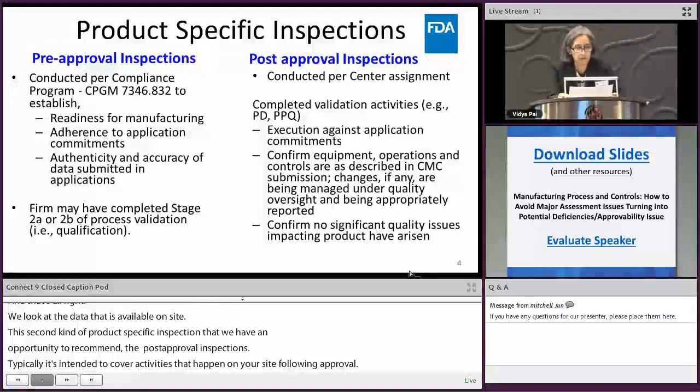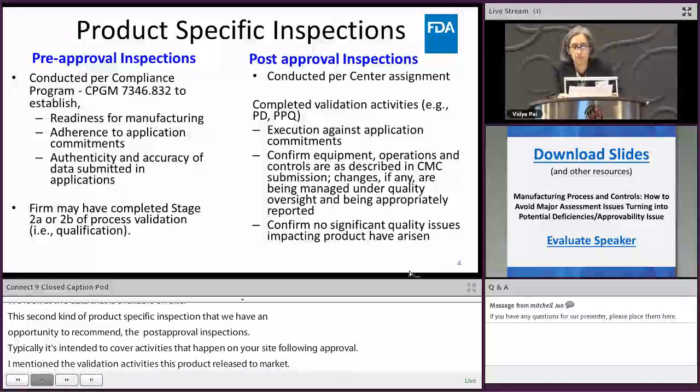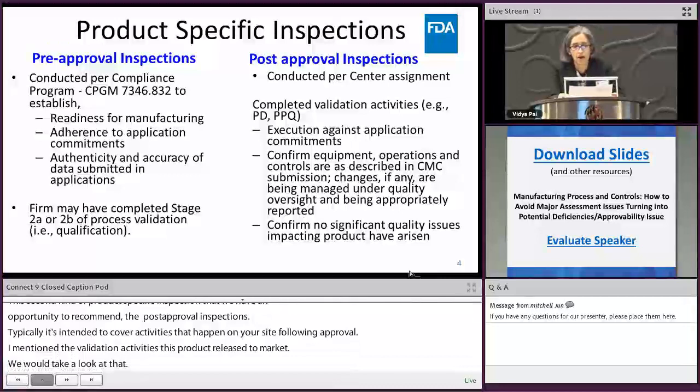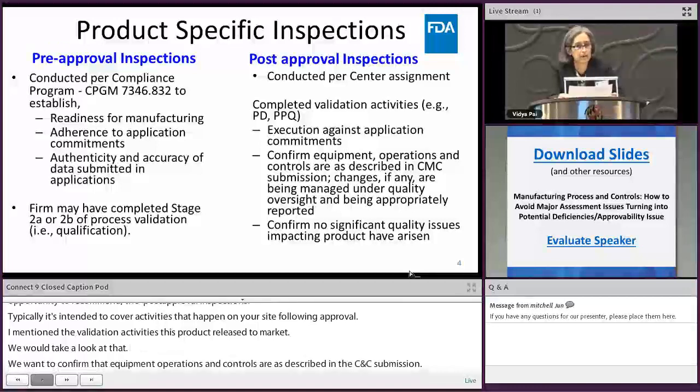We would want to confirm that equipment operations and controls are as described in the CMC submission. And if there have been reasons to make any changes, they have been adequately supported and are being managed under quality oversight, and they are being reported appropriately.